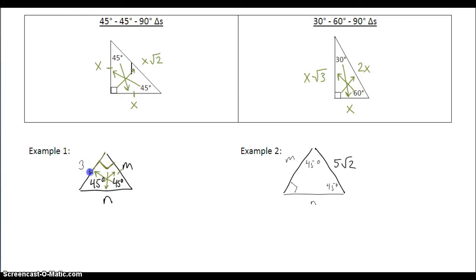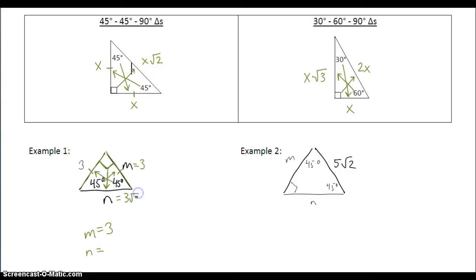So if this length is 3, that means that m is going to also be 3. And my hypotenuse is going to be longer than both of these two sides. How much longer? Well, if I know that this side is 3 and this side is 3, my hypotenuse is going to be 3 square roots of 2.